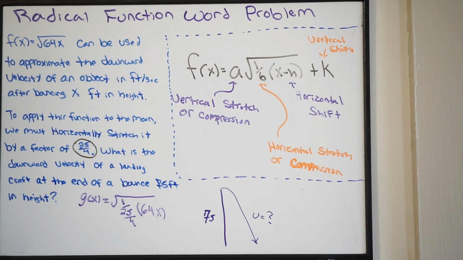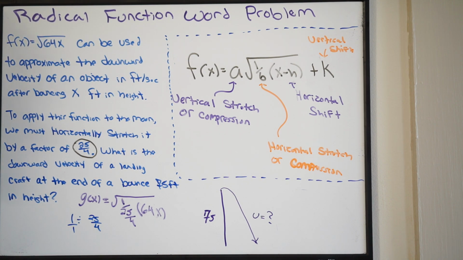So what needs to happen here? We have 1 divided by 25/4. When we do this out, this is really going to become 4/25. And if you're having trouble visualizing that, just remember we have 1 divided by 25/4, and we know that this is really over 1.